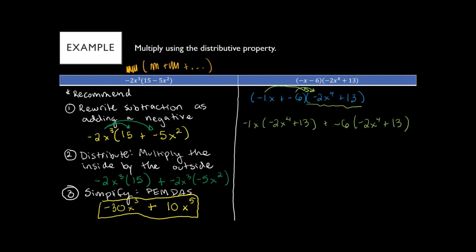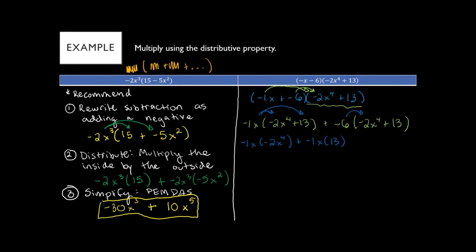So then we have to actually do the distributive property a second time, because we have basically the example that we saw on the left. You have 1 thing times 2 things. So you essentially have to do the distributive property multiple times. So we get negative 1x times negative 2x to the 4th plus negative 1x times 13.